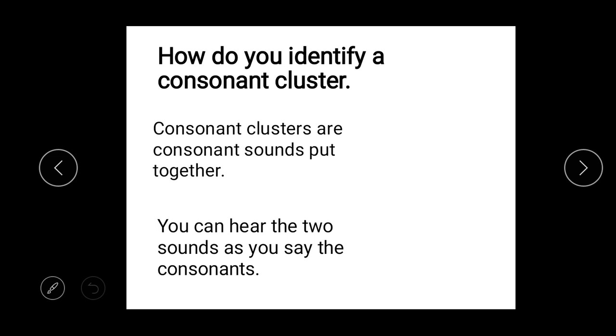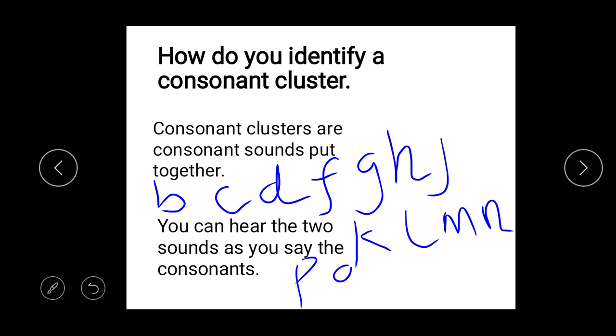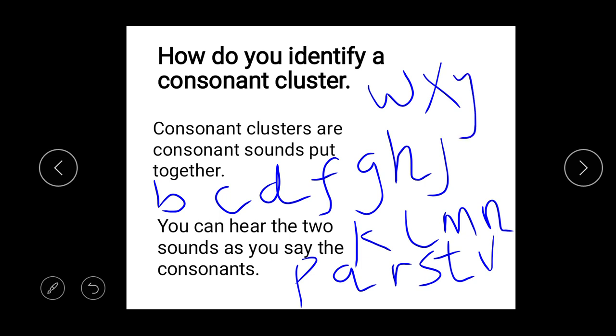We have several consonant sounds. We have b, g, j, m, s, w, x, y, z.